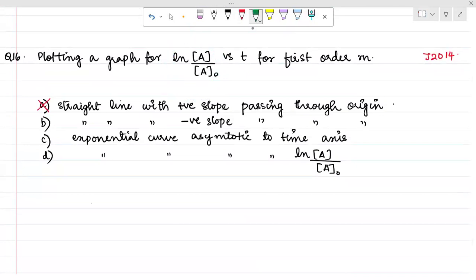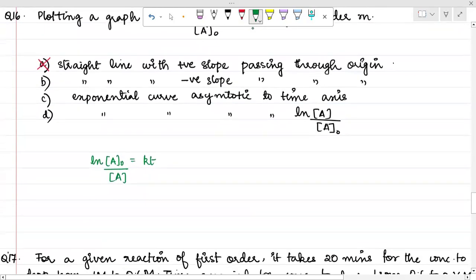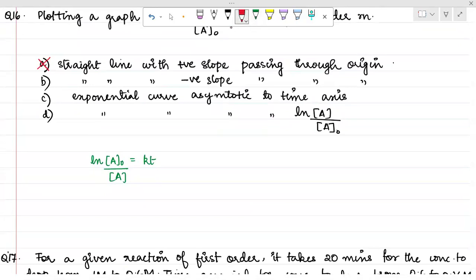So what do we get? We already know that ln of A naught by A is equal to kt. This is the integrated rate equation for first order kinetics. If you have ln x is equal to y, and if I take a reciprocal, like ln 1 by x, this will become minus y.